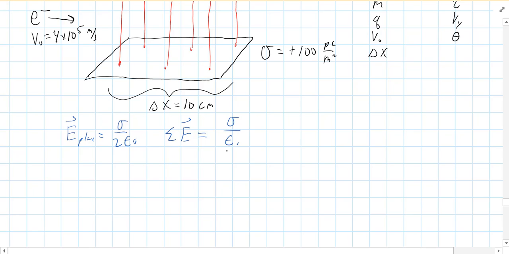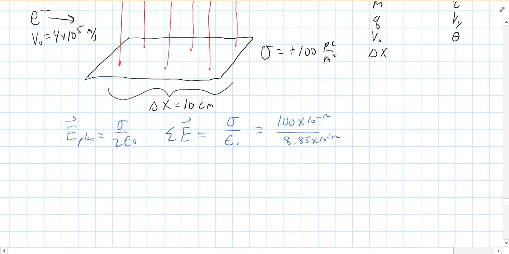I'll go ahead and plug numbers in. Sigma is 100 picocoulombs. Pico is milli, micro, nano, pico: negative 3, negative 6, negative 9, negative 12. So this is 100 times 10 to the negative 12 divided by epsilon naught, which is a constant, 8.85 times 10 to the negative 12.